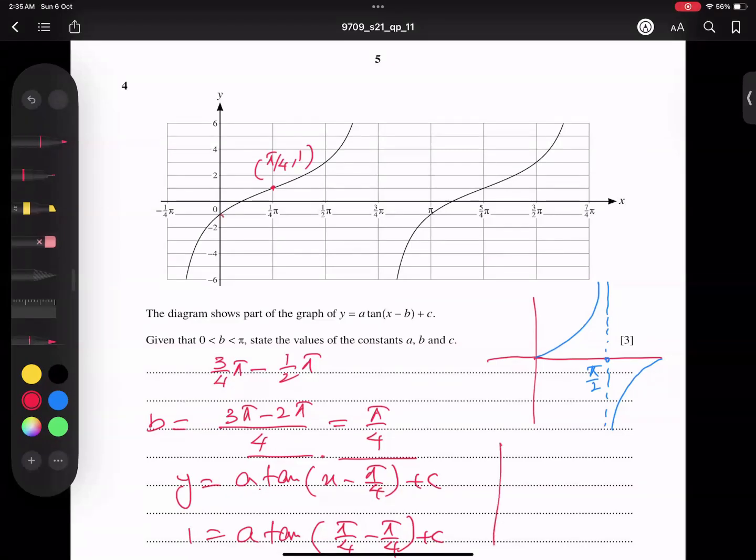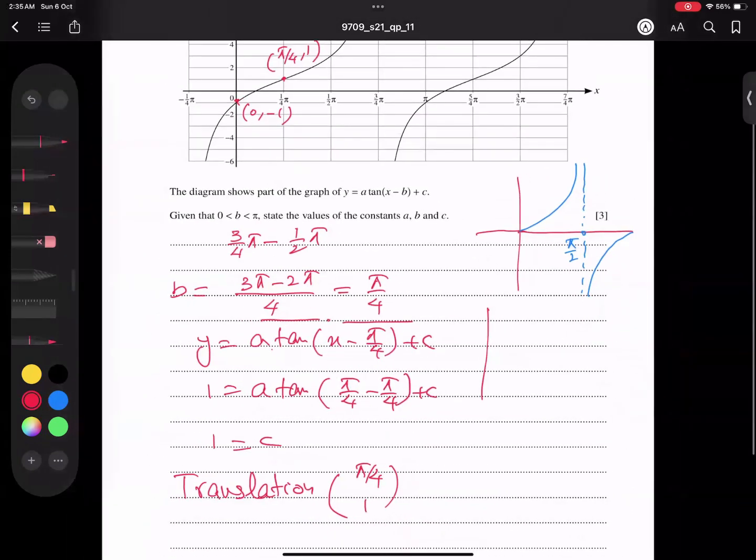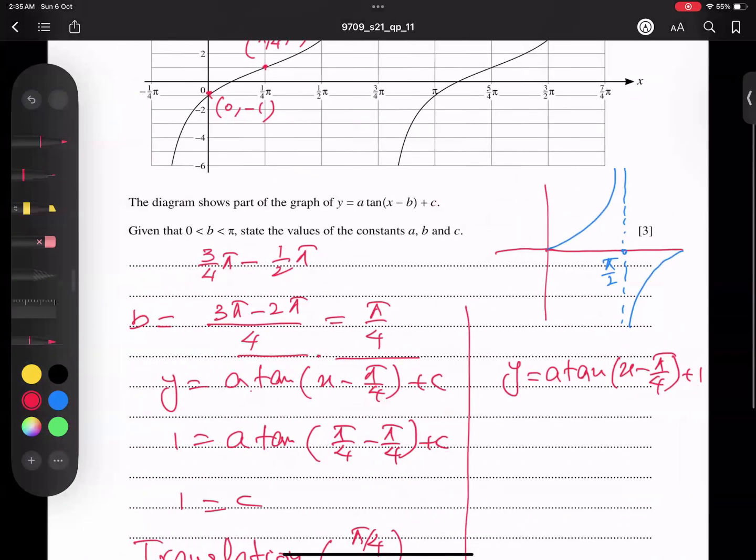So I'm going to put this value, x is 0, y is minus 1, in this equation. When I plug into this equation, y equals a unknown tan(x minus pi by 4) plus 1, because we have every value, and this minus 1 comes in the place of y.